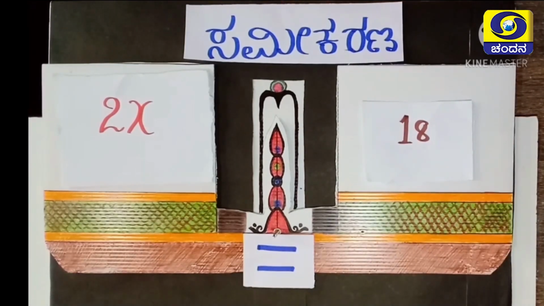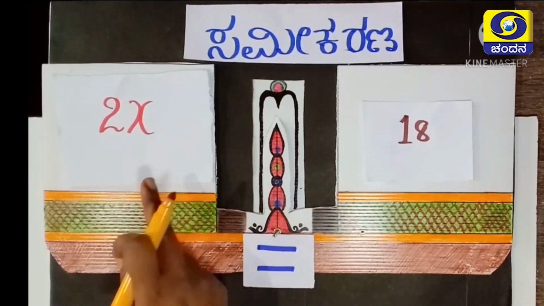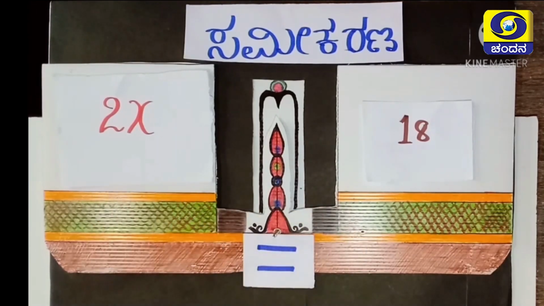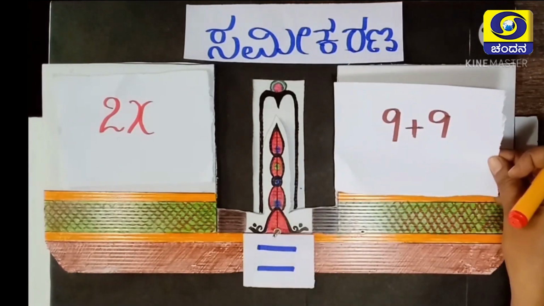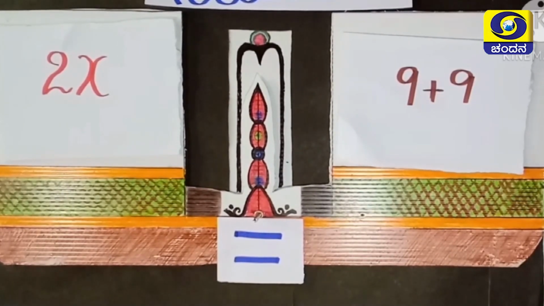Now 2x is 18. How we did the grouping there? Similarly, you do the grouping here. 2x can be x plus x, 18 can be 9 plus 9, right? If I divide both sides into 2 parts, that is 9 plus 9, 2x is 9 plus 9, and hence if I remove one set here, that is if I divide both sides by 2, what happens?